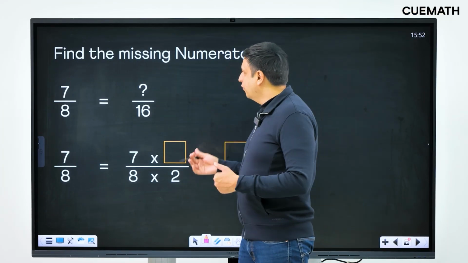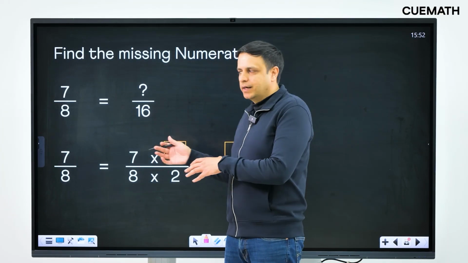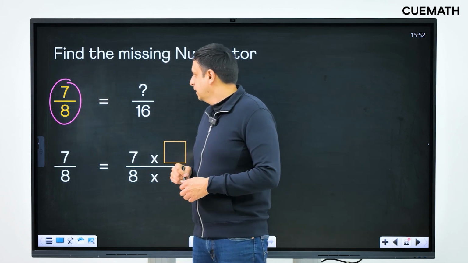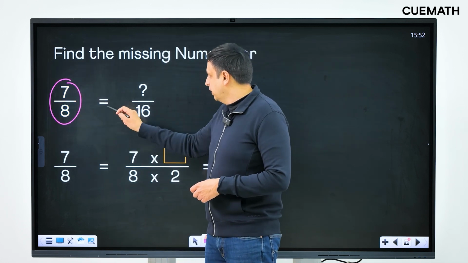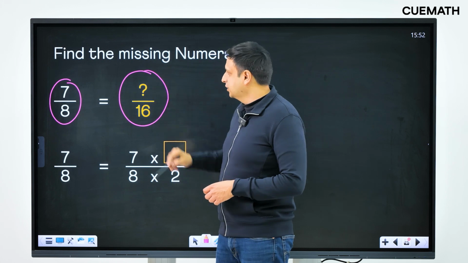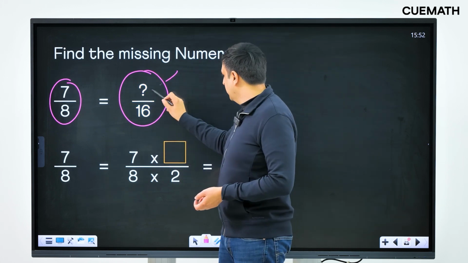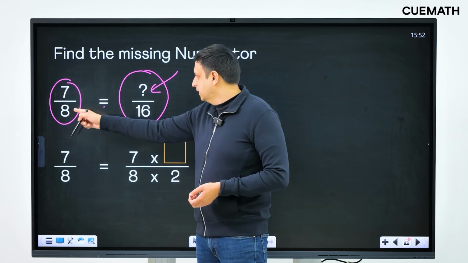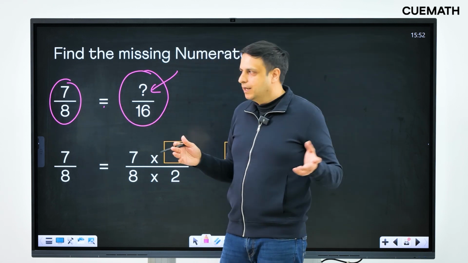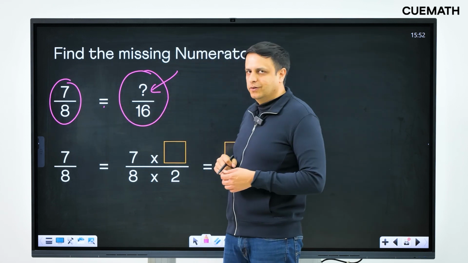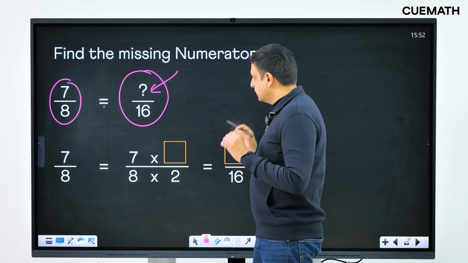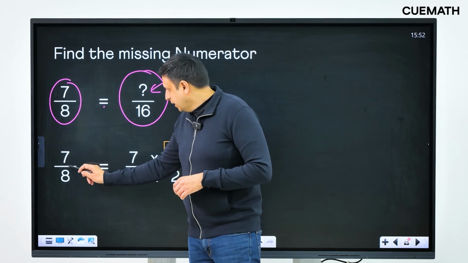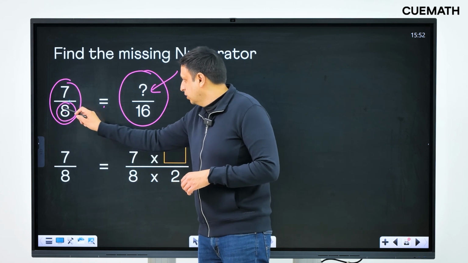Now here's a problem of a type that we often see when it comes to equivalent fractions. You have 7 over 8 on the left here, and it says 7 over 8 is equal to some fraction on the right side, but the numerator of this fraction is missing, and this equal to sign is telling us that these 2 fractions are equivalent, and we need to find the numerator over here. So how do we do this? The systematic way of solving this is shown over here. We start with the denominator because we know both the denominators.